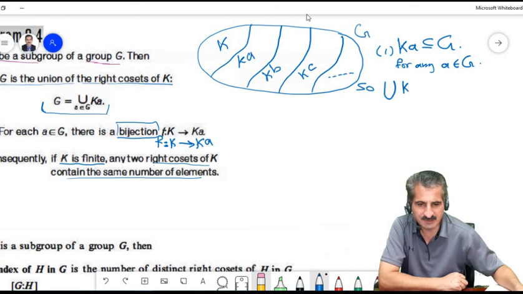Because each right coset is contained in G, their union, where a can be any element of G, is contained in G.